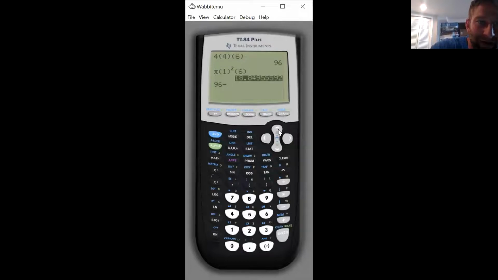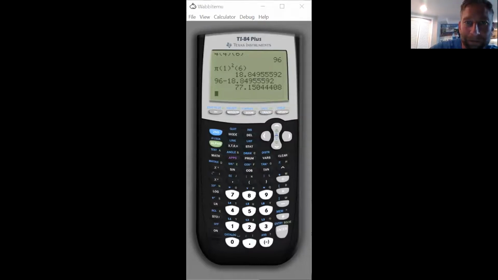Again, I don't want to round until the very end. To the nearest tenth, that's 77.2. So again, I'm finding the volume of the whole shape, I'm finding the volume of the inside shape, and I'm subtracting them because my volume that's left is the remainder after that's taken out.